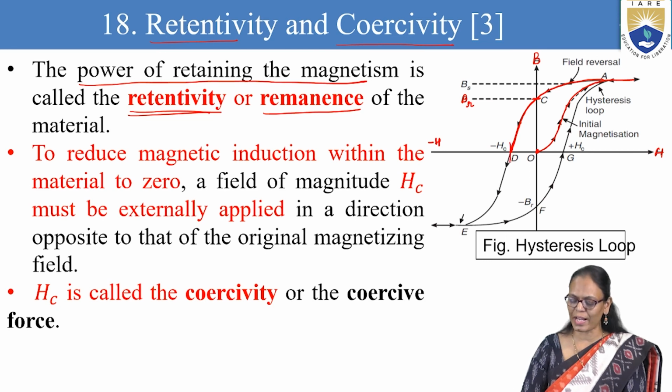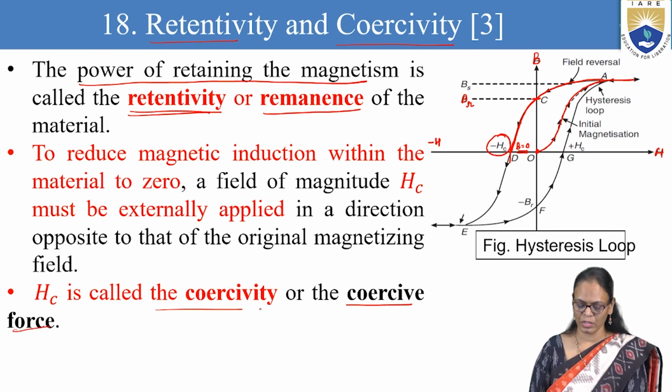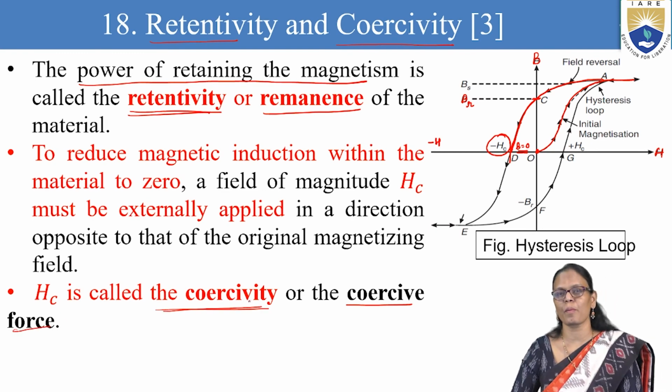What is the value of B at D? At this point D, B is equal to 0. At a particular applied negative field, the value of B becomes 0. This applied field we call the coercive force, or coercivity.